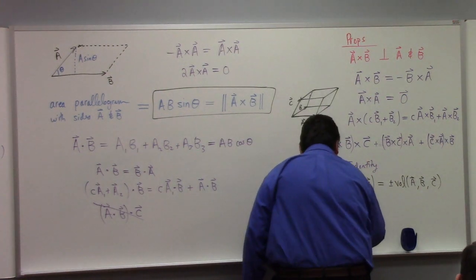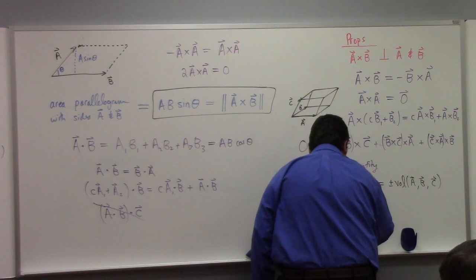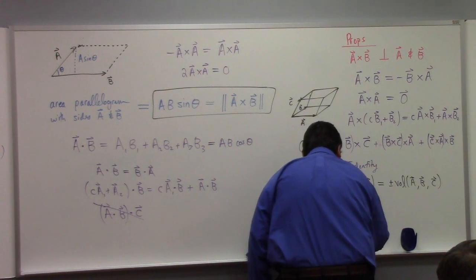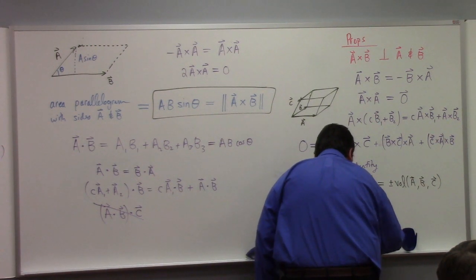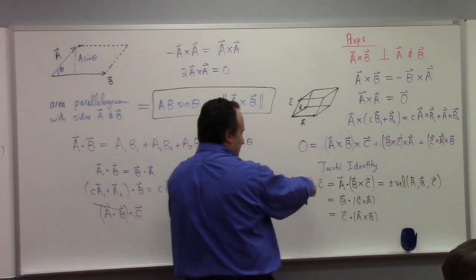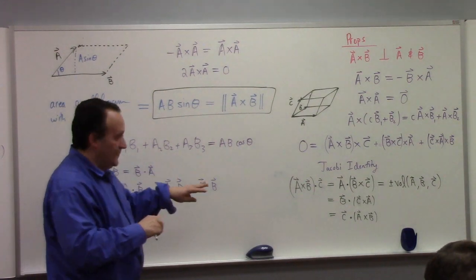Just a second. This is equal to B dot C cross A, which is literally equal to C dot A cross B. And that is commutative. Okay, it is actually equal. Sorry, I had to look at something. So those are actually equal.